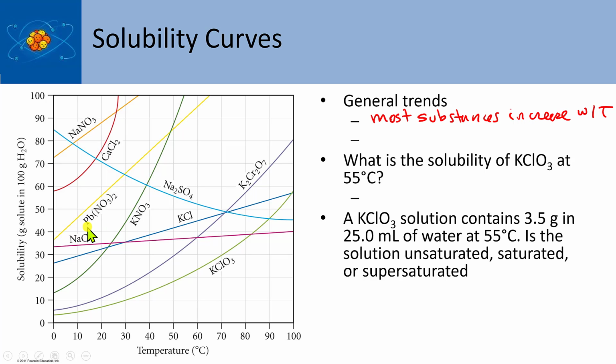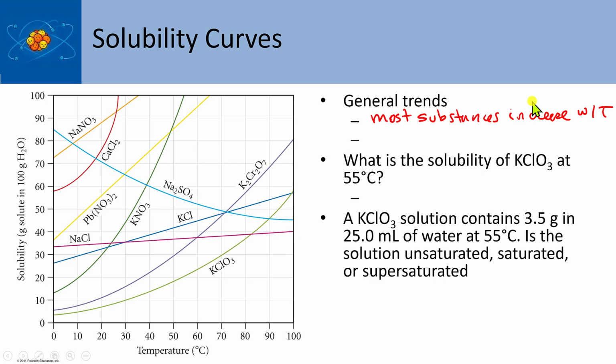Sodium nitrate and potassium nitrate are also both very strongly temperature dependent. In Chem 1B, we'll learn about the factors that determine whether solubility goes up or down. Sodium sulfate is also very commonly used in solutions, but its solubility goes down as the temperature increases.